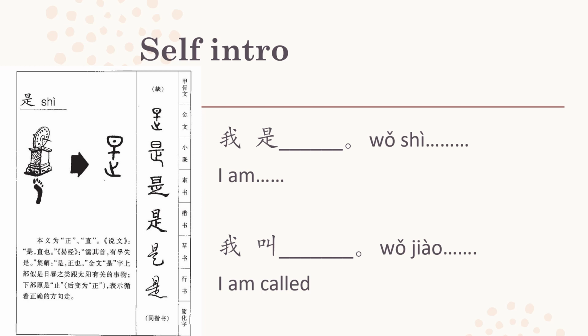But 我是 can be used in other meanings. For example, 我是 a girl. 我是老师。我是同学。我是阿姨。我是爸爸。So it's not only introducing your name, but also someone else or something else.